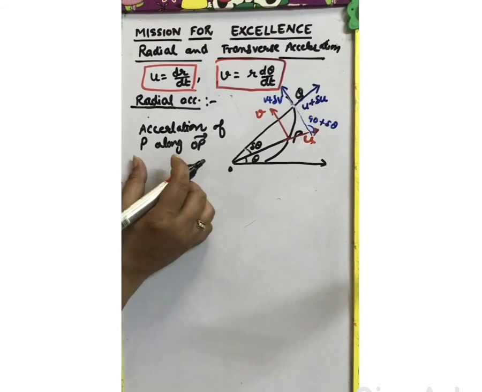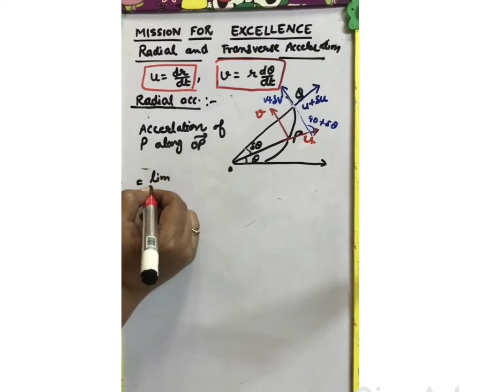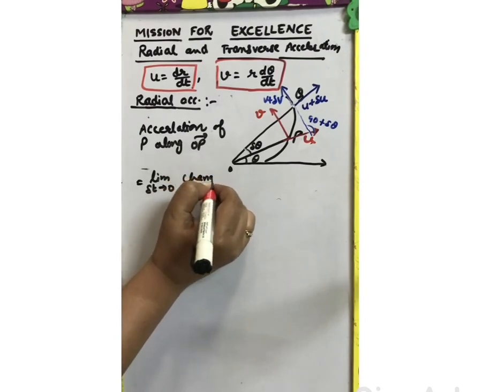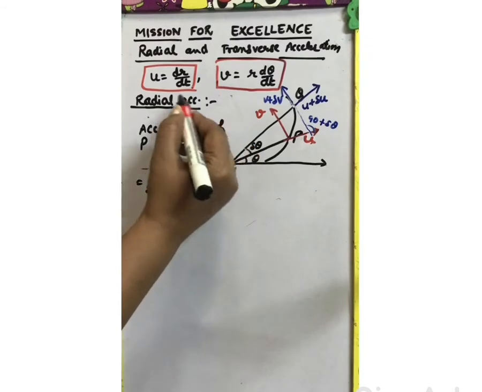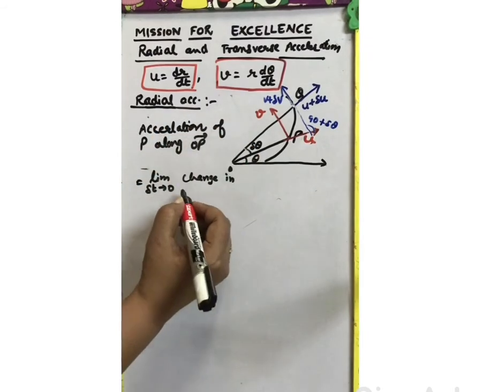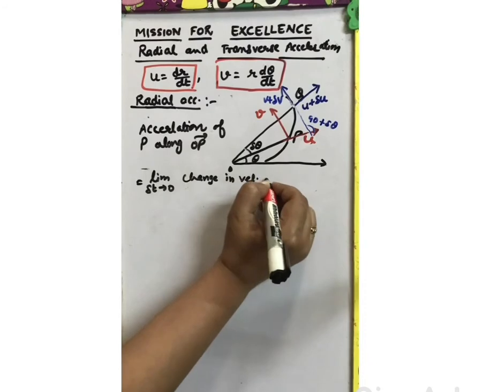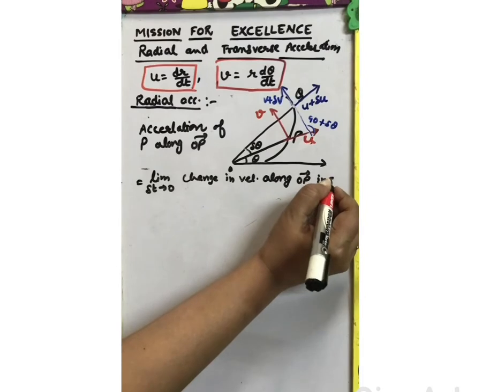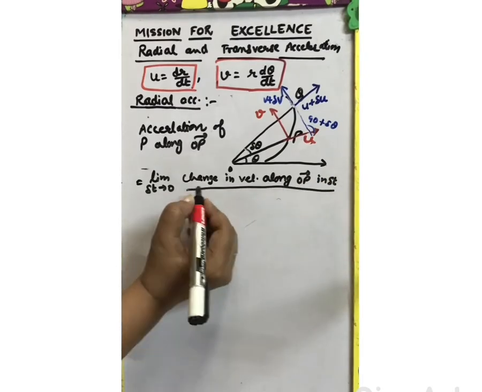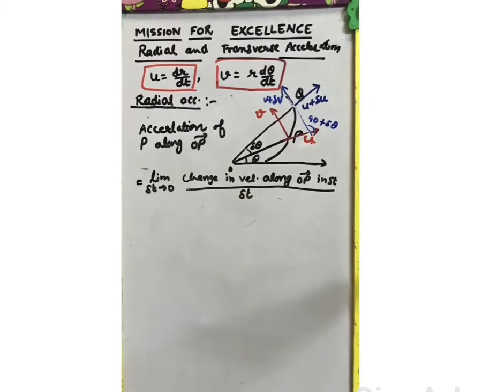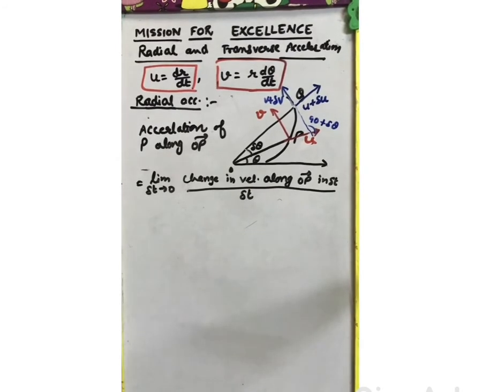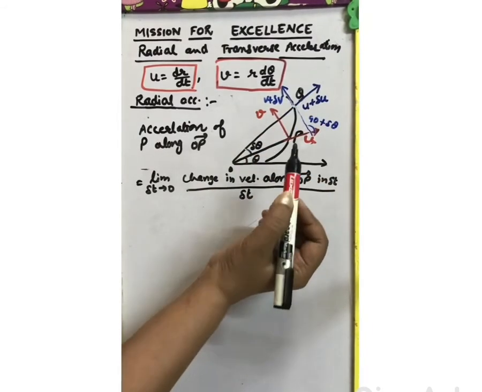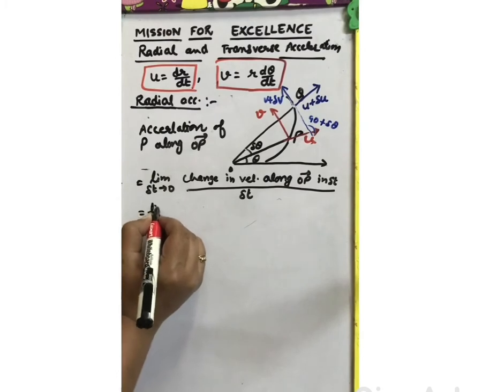That is equal to the limit as delta t tends to 0 of the change in velocity along OP in time delta t divided by delta t, as we know acceleration is change in velocity. Now you know the change in velocity means the final velocity minus the initial velocity.